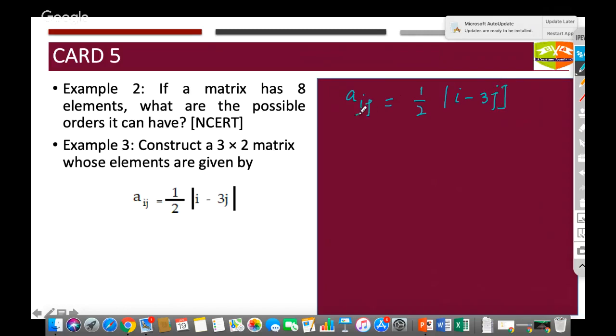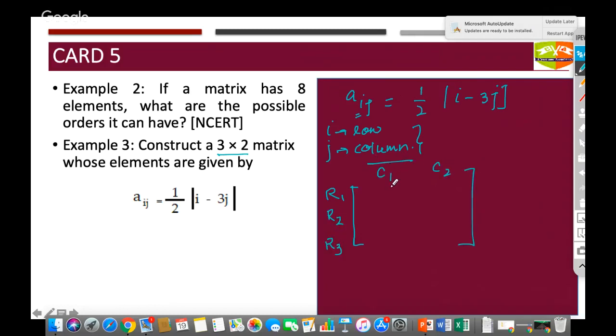Now you understand the first I represents row and j represents column. To understand this question properly, it has been given that I have to construct a 3 into 2 matrix. It means that the number of rows has to be 3 and the number of columns has to be 2.